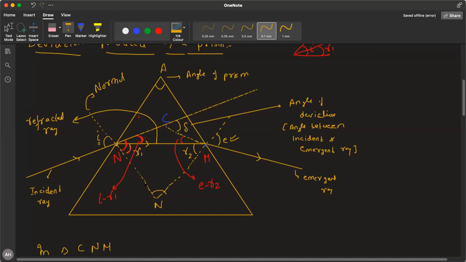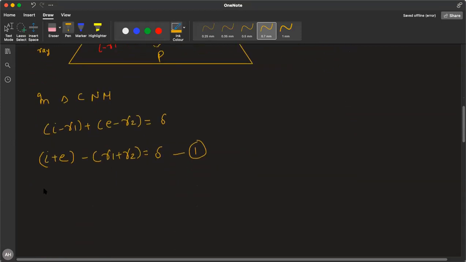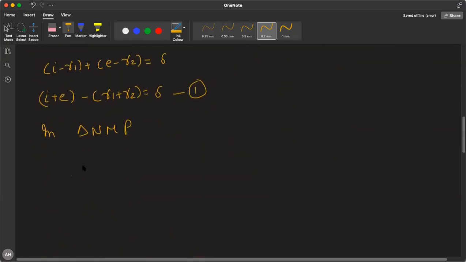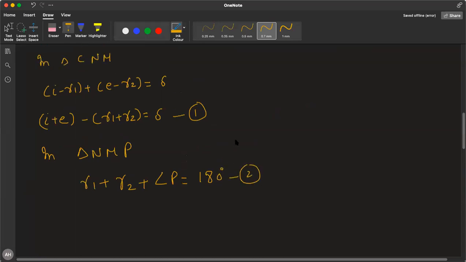So see, if I take triangle NM, let's name this as something else. This is NM, let's call it as P. In triangle NMP, R1 plus R2 plus angle P is equal to 180 degree. That's my second equation.